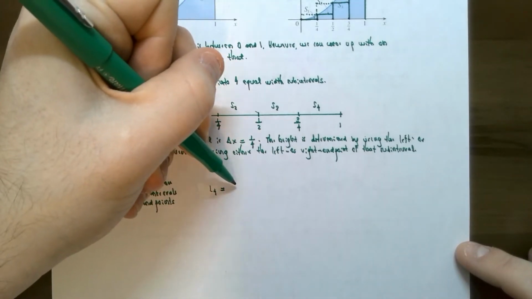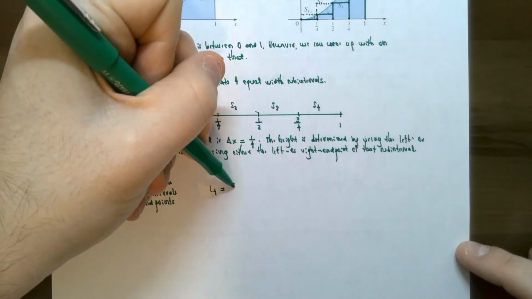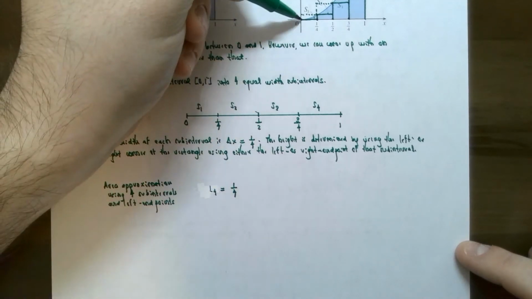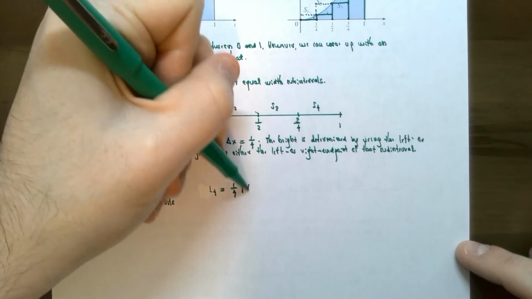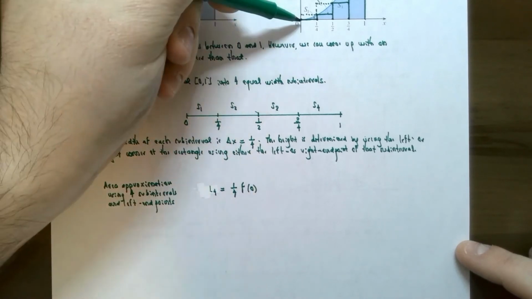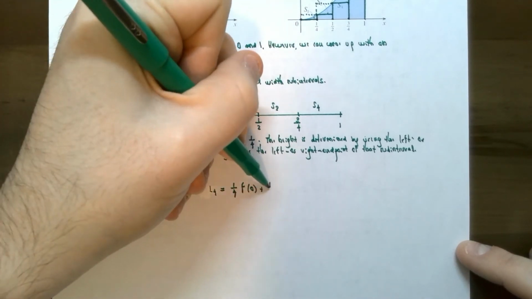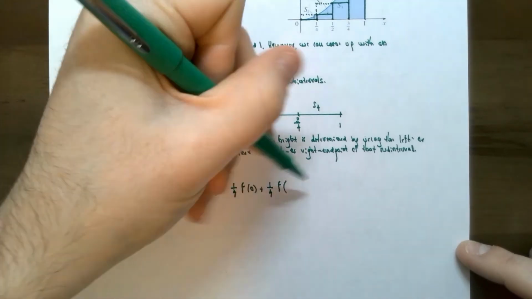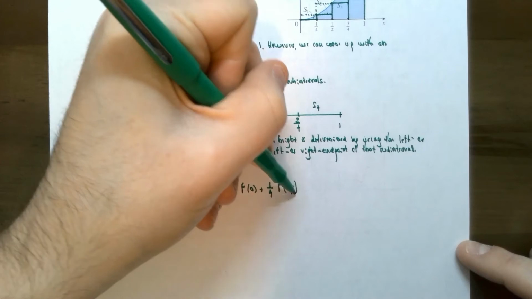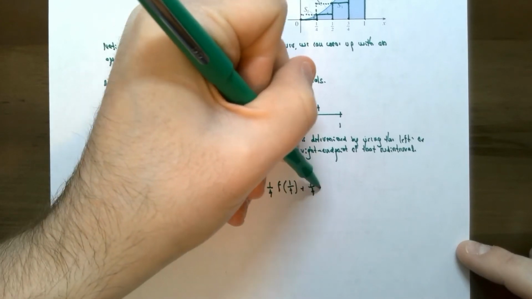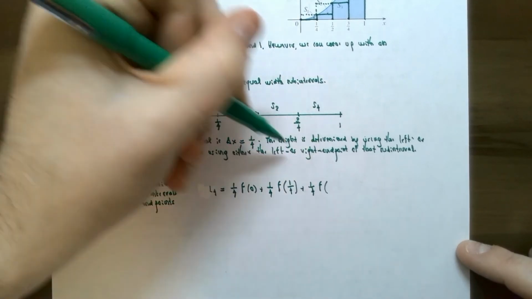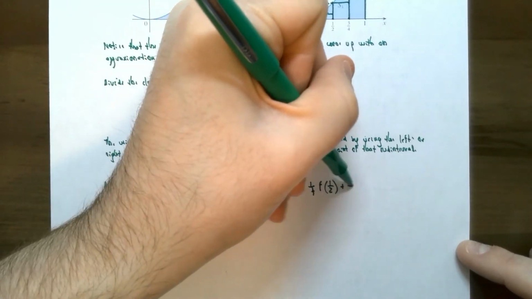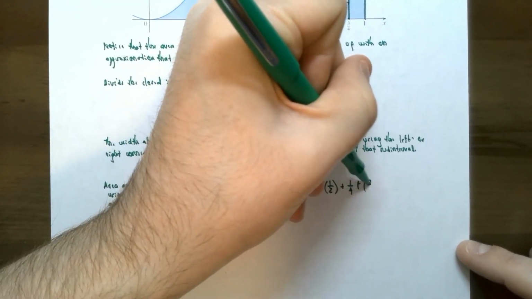The area of the first rectangle would be width 1/4, height f of 0, because the height was determined by the y value at the left endpoint. Next rectangle, 1/4 times f of 1/4. For the third rectangle, left endpoint would be a half, 1/4 times f of 1/2. And then finally 1/4 times f of 3/4.